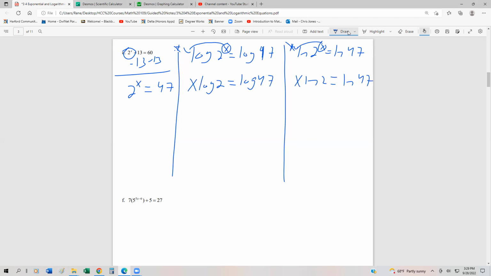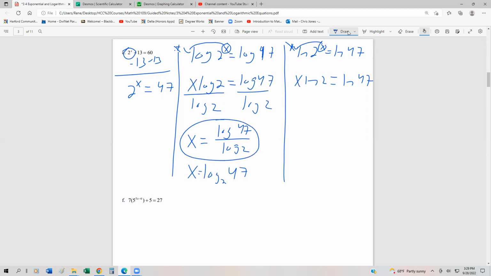To finish this out, we're going to divide both sides by log 2. And one of two answers. We can write this as x equals log 47 over log 2, all right? Another way to write that is to go backwards from the change of base formula. And we could write this as x equals log base 2 of 47.